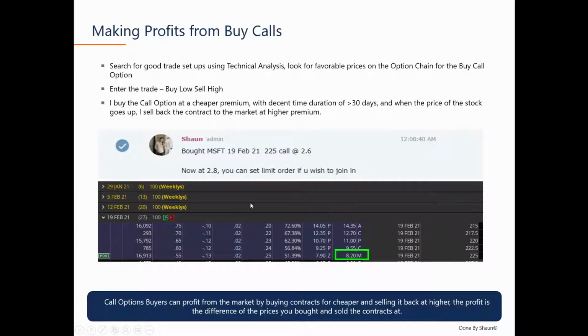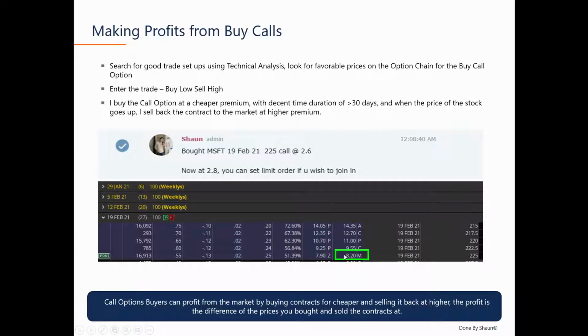And after 1 to 2 weeks, I think it was 1 week, Microsoft went a lot higher and the contract is now worth more. In fact, at one point in time, it was worth about 820 US dollars. So if I close the trade, I make a difference of $820 and $260, which works out to be around 560 US dollars. So not bad for a return in 1 week.